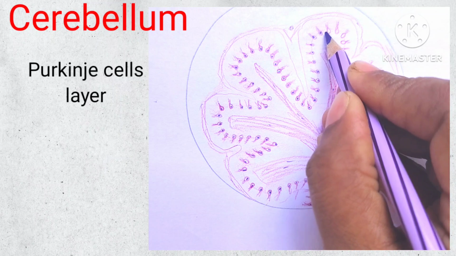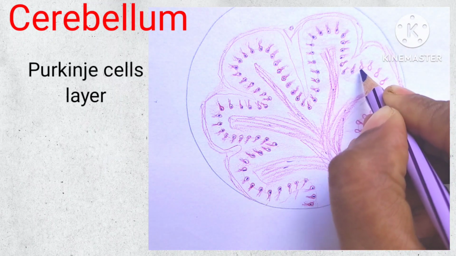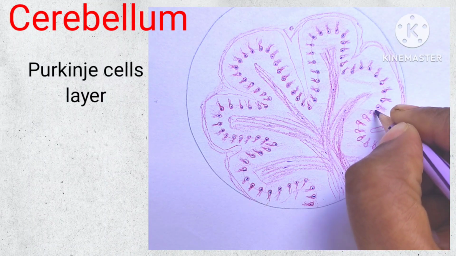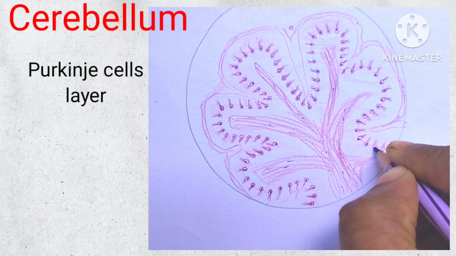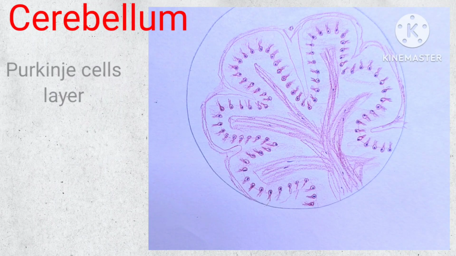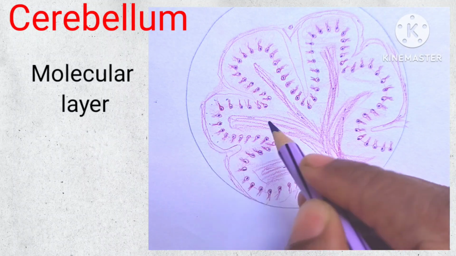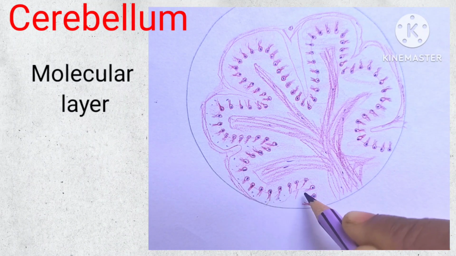Now, superficial to the Purkinje cells is the molecular layer, where we have two cells. What are the cells? Basket cells and the stellate cells. So superficial part we have stellate cells, the deeper part we have basket cells. The number is comparatively less compared to the granular and Golgi cells, so keep very few nuclei there.